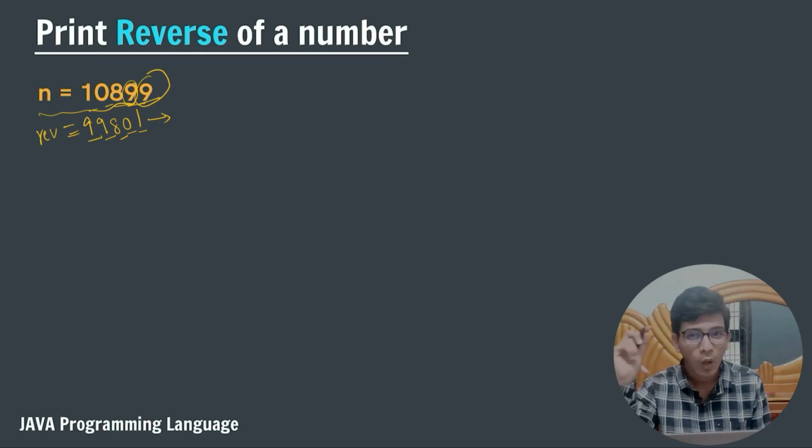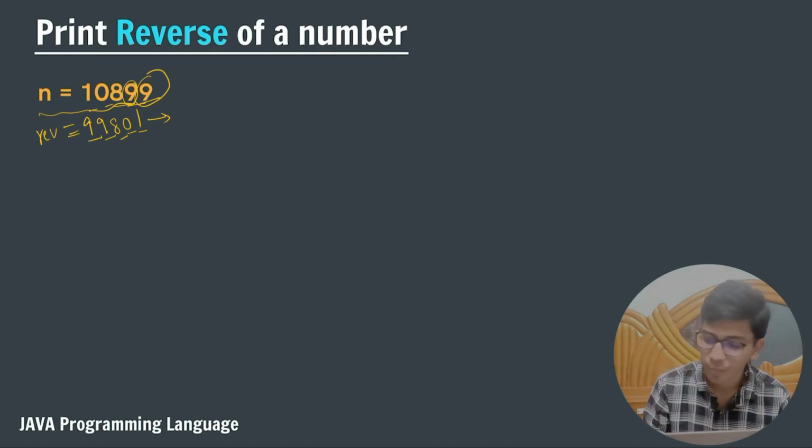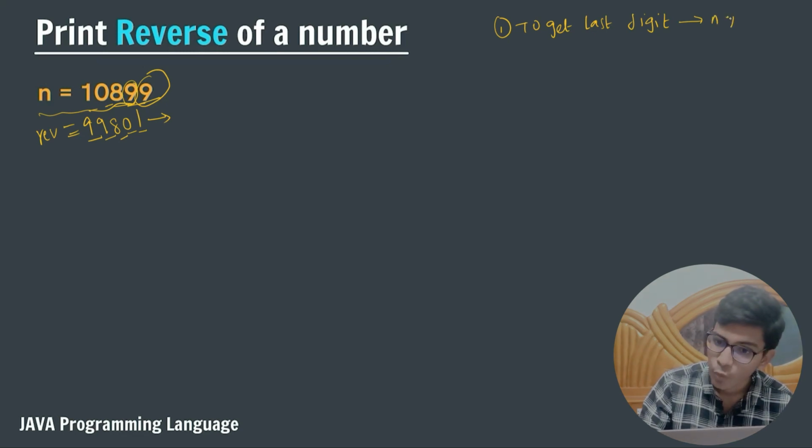To get the last digit of a particular number, we use the modulo operator. Remember, there are 2 steps. To get the last digit, we'll use the modulo operator. We'll divide that particular number by 10.